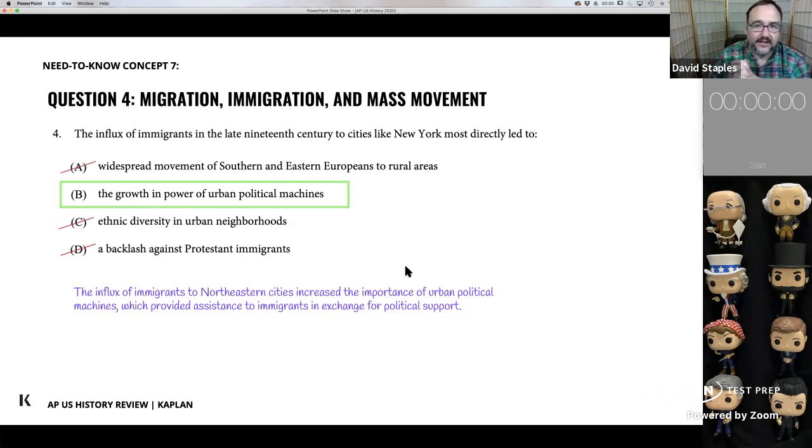Were they integrated? No, they were not. So what you would actually have is groups of Polish people and groups of German people and groups of Czechoslovakian people and groups of Italian. They're in their own areas. And so ethnic diversity is not really the right word for it. And that's why it's not going to be C. So again, a concept to just kind of flesh out as you're thinking through that.